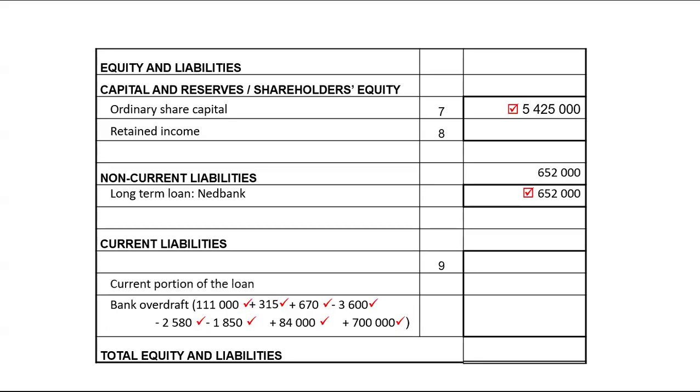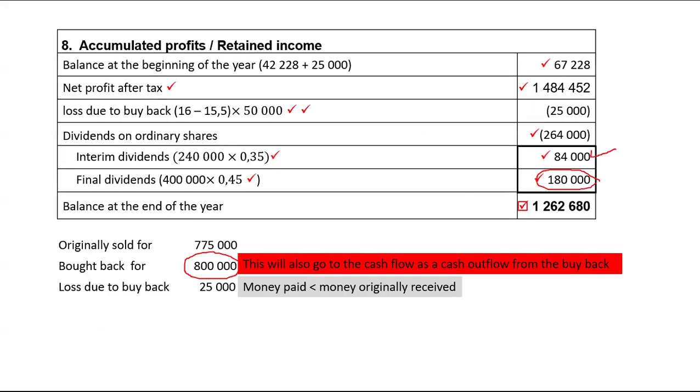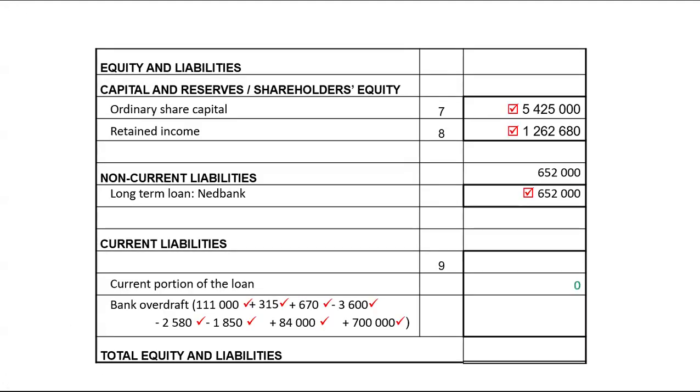If I had a current portion of the loan, I was going to record it there, but I don't have it. Retained income will be recorded as 1,262,680, which is from here. Total equity and liabilities will be the sum of these.